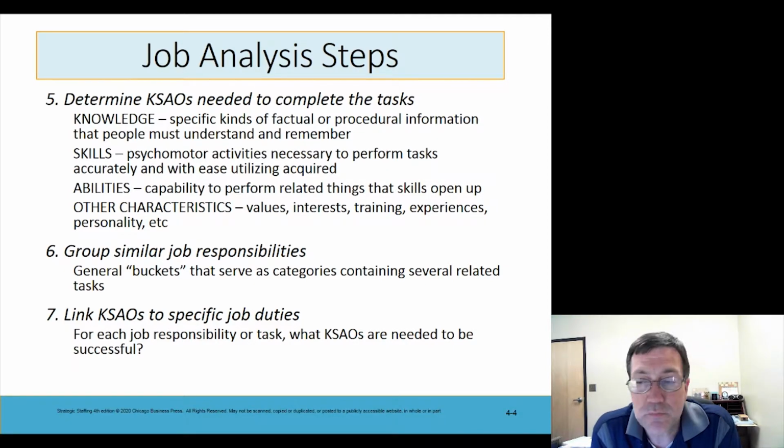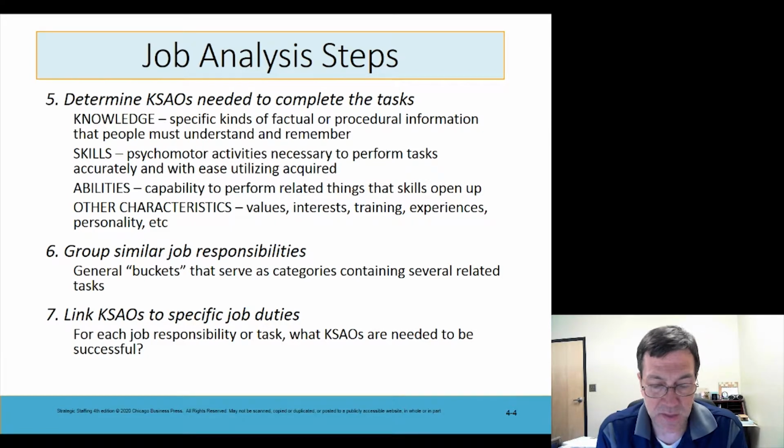Number 6 is, now that you've gotten all these things, start grouping them together into logical buckets that serve as categories. If we were talking about a pet groomer job, you're going to cut the hair of the dogs, bathe the dogs, put little bows on the hair, clean up the room, disinfect the equipment, and sterilize the table.